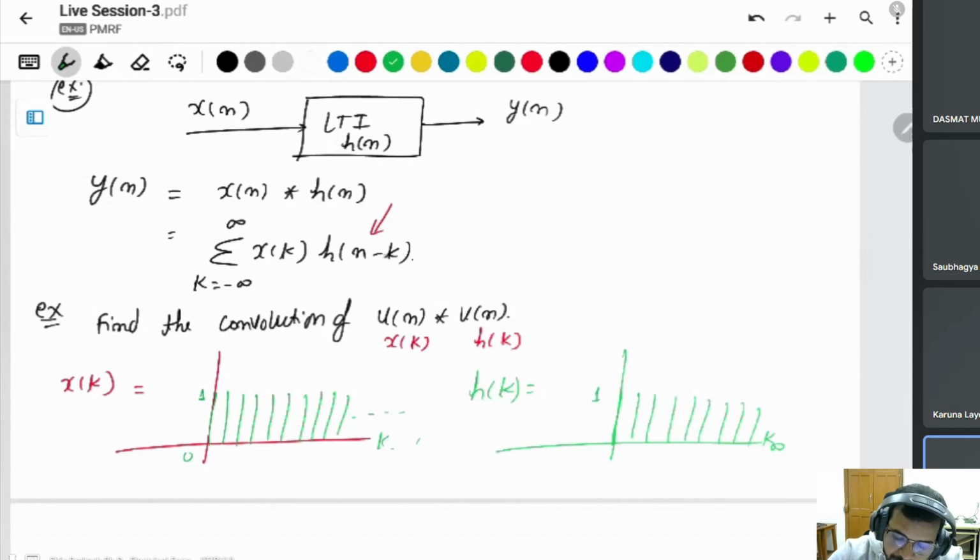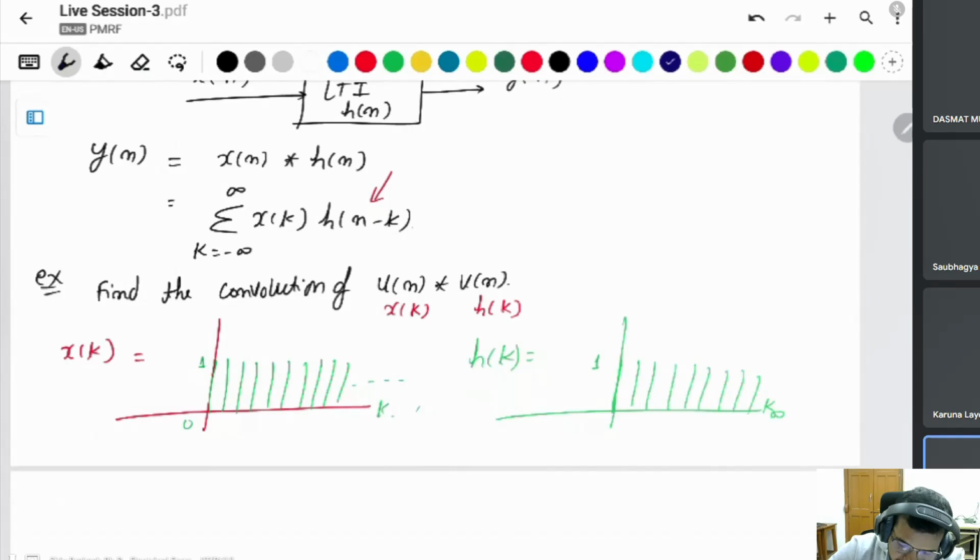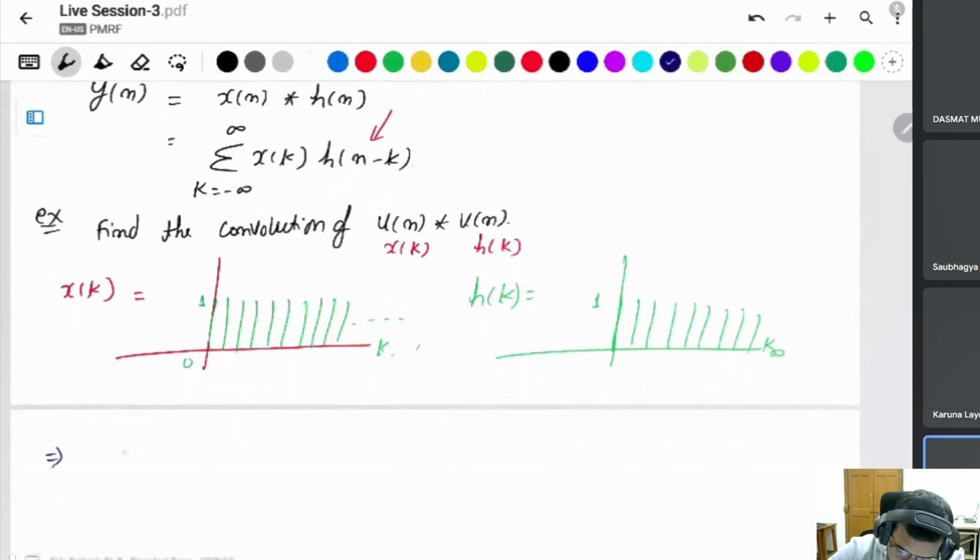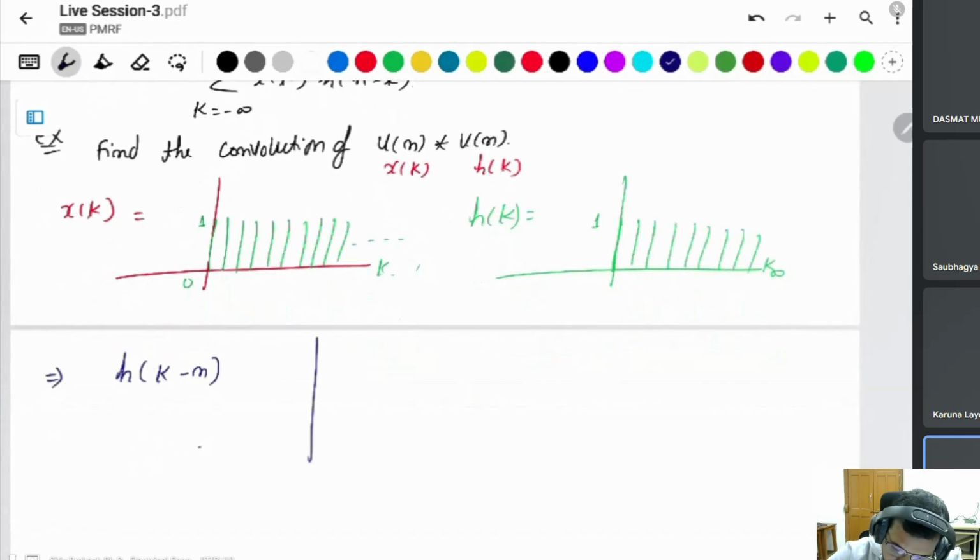Then you have to find h[n minus k]. The same thing you apply. First check h[k minus n]. Right, k minus n, it means it will start from n.